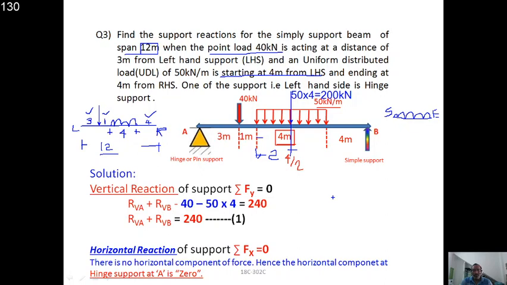Now I can simply say that this entire figure is equivalent to this simple figure.